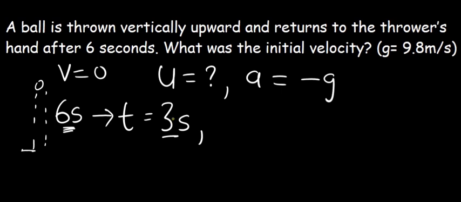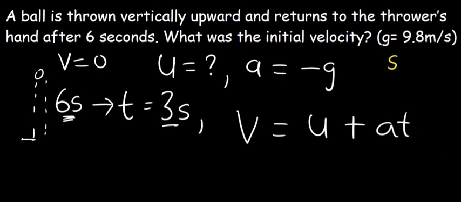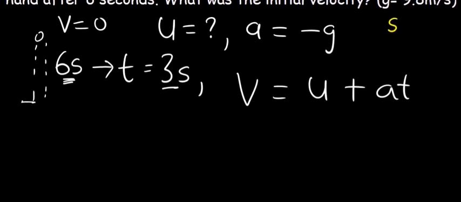No, we don't have distance. So there's no distance here. So we choose the equation that does not have distance. And that equation is V is equal to U plus AT. Yes, if you look at it, there is no S.